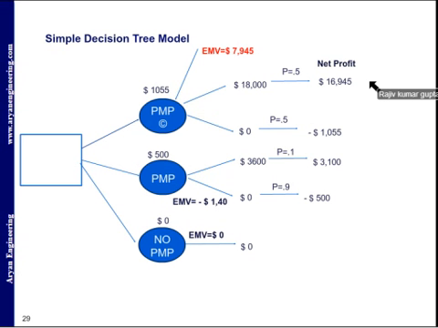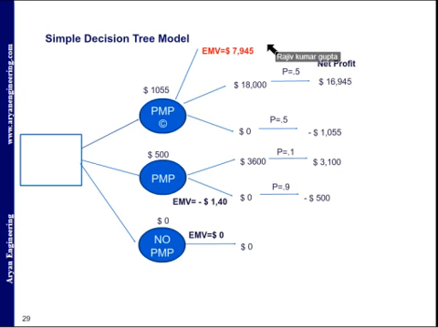EMV, the expected monetary value, here we are discussing in figures. Because it is 50% here and 50% here, based on this we calculate 16,945 multiplied by 0.5 and 1055 multiplied by 0.5, because there is 50%.